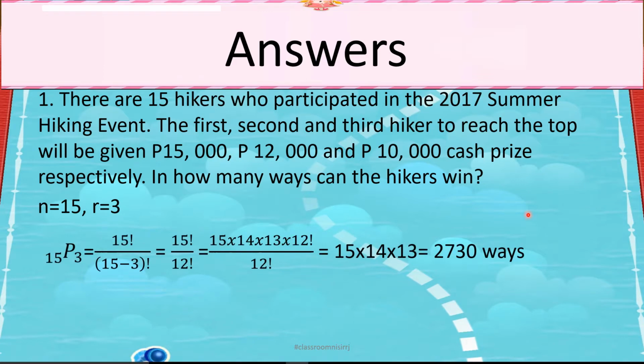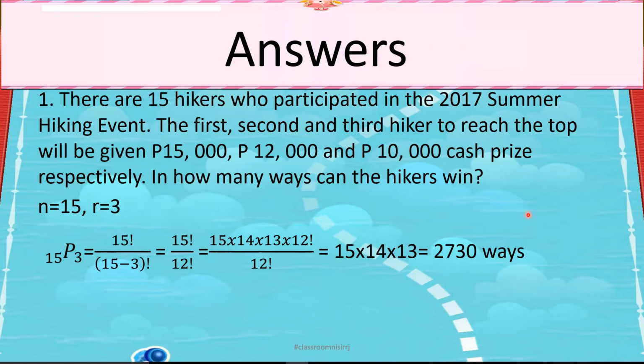When we substitute the values of n and r to our formula, we will have permutation of 15 taken 3 at a time is equal to 15 factorial over 15 minus 3 factorial. When we simplify the denominator, we will have 12 factorial.